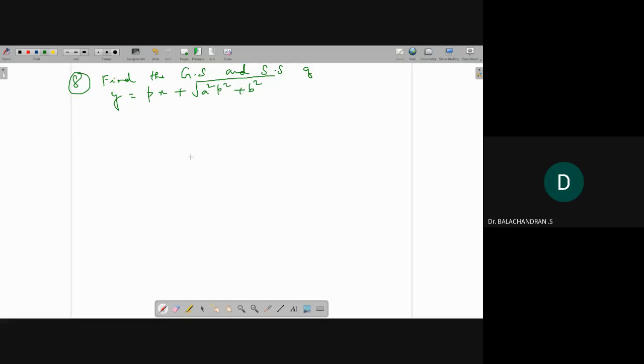Please write, I will check it. x is equal to minus a square c divided by root over a square c square plus b square. y is equal to b square divided by root over a square c square plus b square.